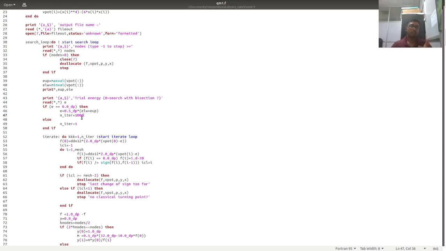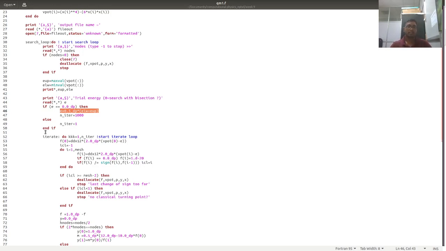Initially E has an initial guess of 0 as the trial energy, and then it updates the value of E as half of minimum plus maximum energy. That will give you an energy estimation just at the middle of the total area covered by the minimum and maximum.